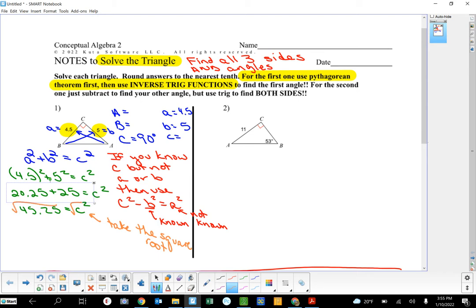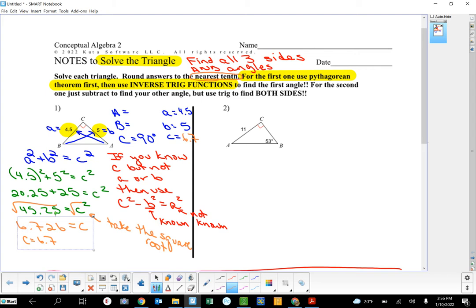The answer is 6 point, and what does this say? Oh, round to the nearest tenth. This is important. That's one decimal place. So this is 6.726, and so c is going to be 6.7.